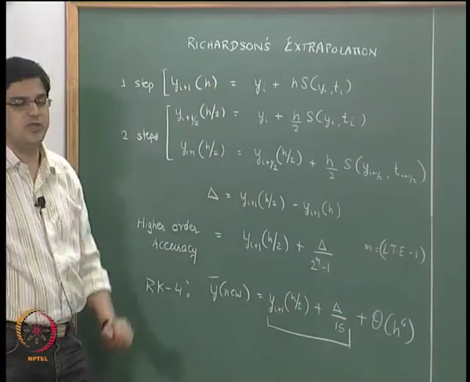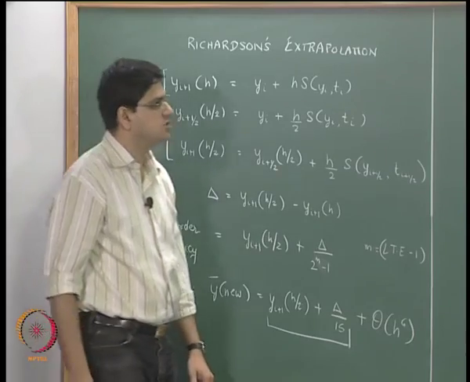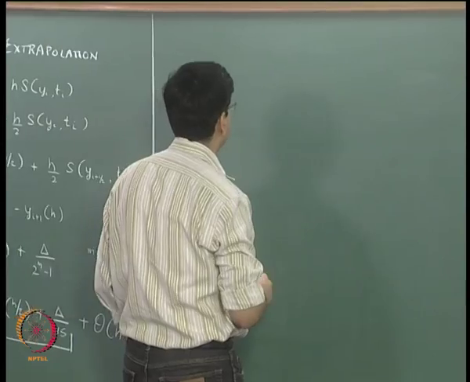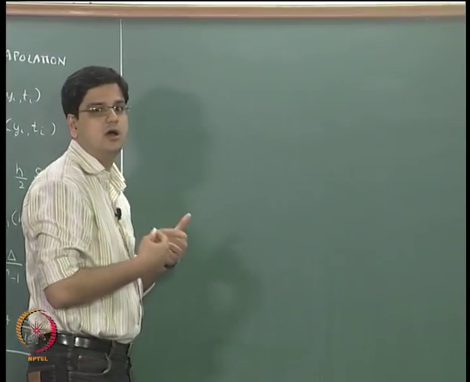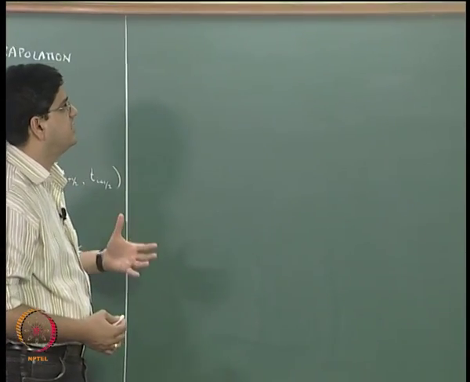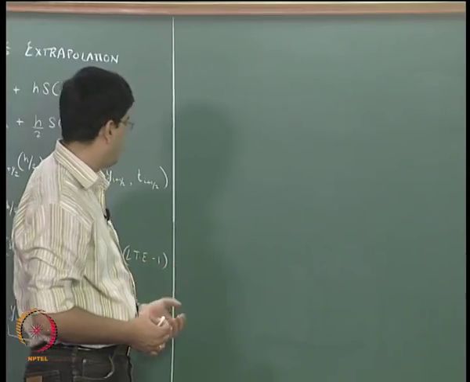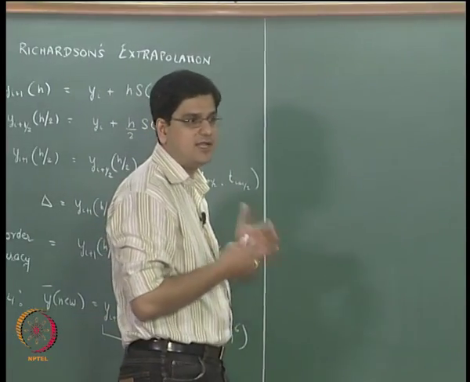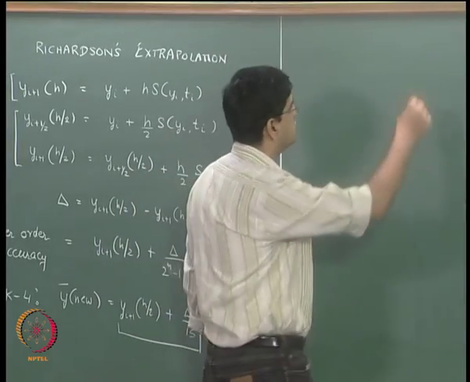So this is what we covered in Richardson's extrapolation, and then we said that we can use this value of delta in order to get adaptive step sizing. Basically it will give you an idea of what the order of accuracy at that particular implementation is going to be.